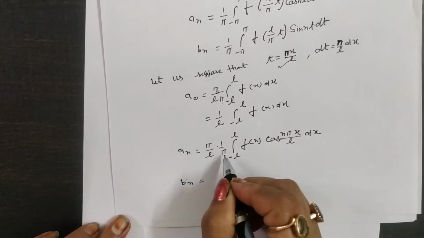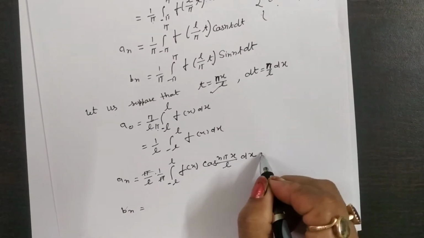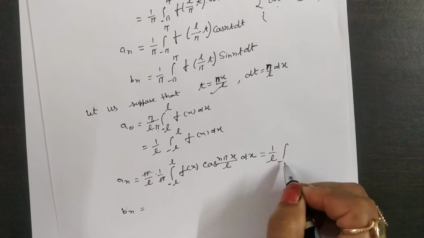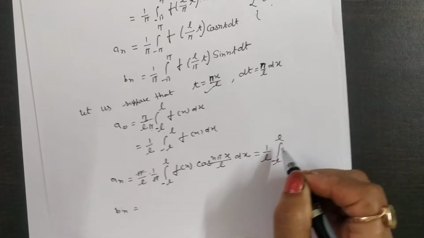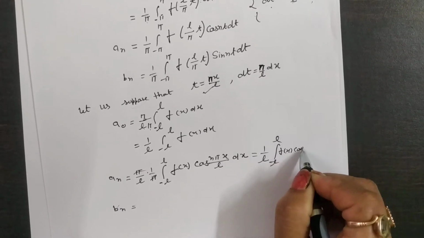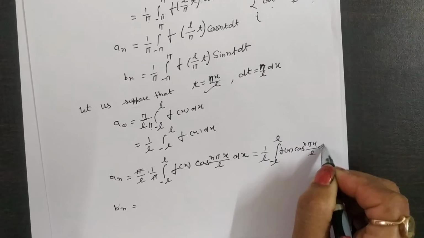Bn is again, this pi cancels out, so you get 1 by L, integral from minus L to L, f of x cos n pi x by L dx.